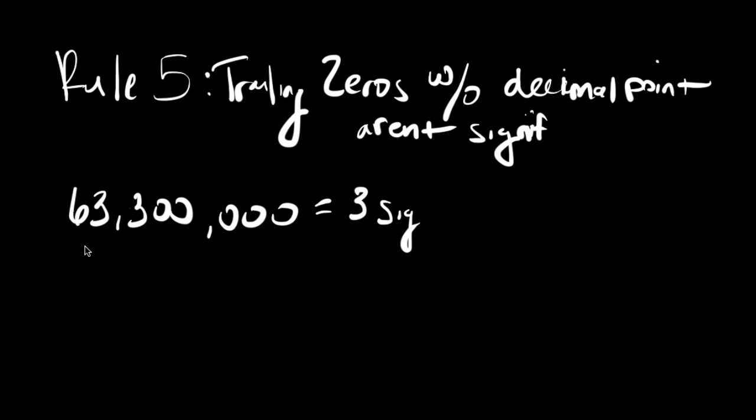Okay, I'll give you 2 more examples. Let's just do 67,000. Again, no decimal point, that's a comma. The comma means no decimal point, so it'll just be 2.